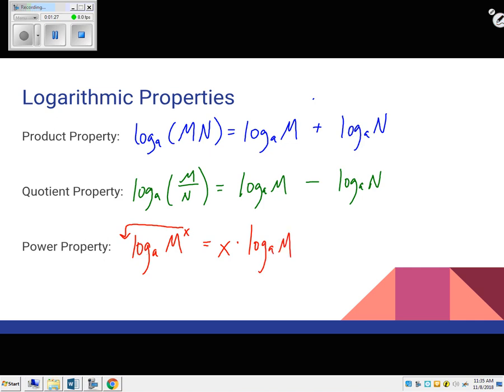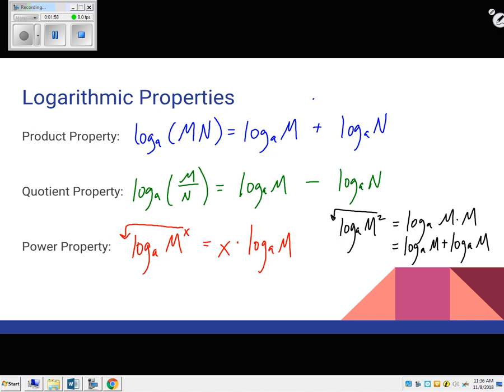I say it makes sense because it follows the product property. Let me just make up a number in there. If I have log base A of m squared, well, I know that's log base A of m times m. According to my product property, if I have log base A of two factors, I can split them apart and do log base A of m for each one and throw a plus sign.